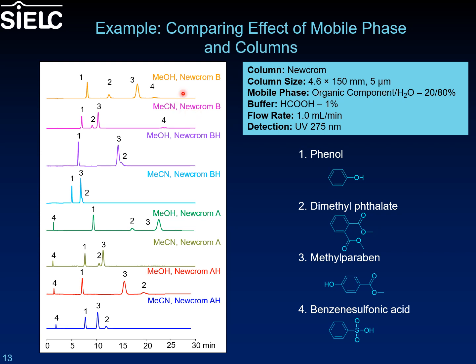In addition, the length of the ligand in your stationary phase, i.e. the choice of do you choose Newcrom B or BH, will also impact how closely your different analytes will elute to one another. The same trend exists with the Newcrom A and AH columns as well.